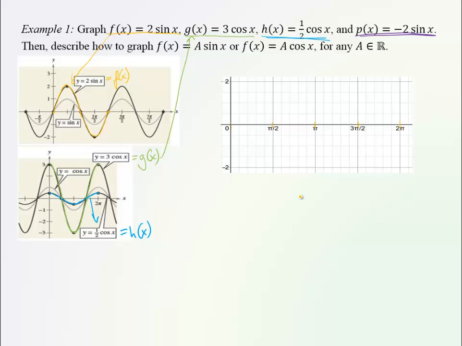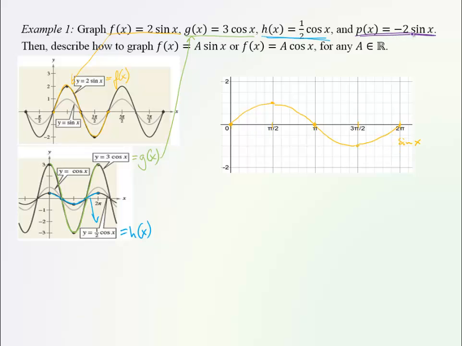Those sections will be our quadrants, and put the quadrantal values. So at 0, sine is 0, at pi half is 1, then 0, then negative 1, and 0. And we need to connect those points. The curve looks somehow like this. That's our regular sine of x.